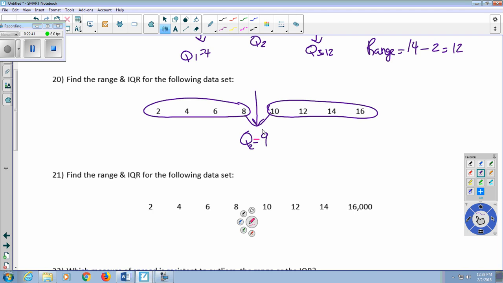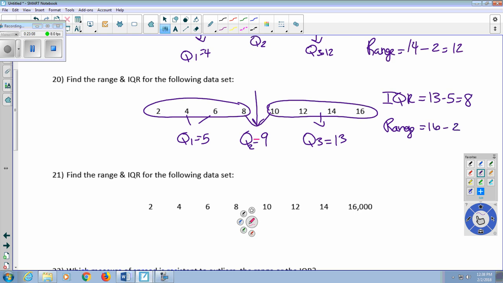So now to find Q1, we're going to have to average 4 and 6. So Q1 equals 5 and Q3 equals 13. That means our IQR is 13 minus 5, which is 8. And our range is 16 minus 2, which is 14.